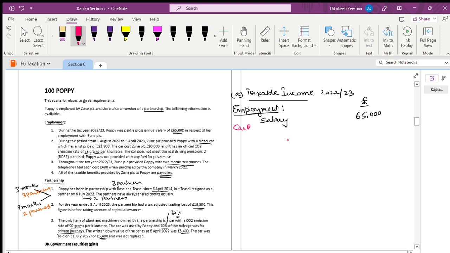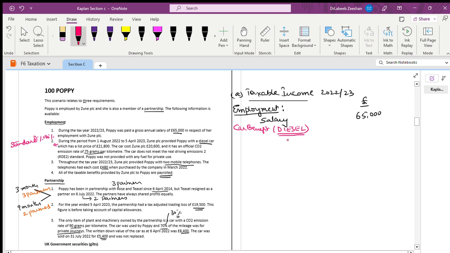Car benefit. This is the diesel one. When you are talking about a diesel car, you have to be very specific, even for a petrol car, if it is not within the range of the standards. The standard percentage is 16.